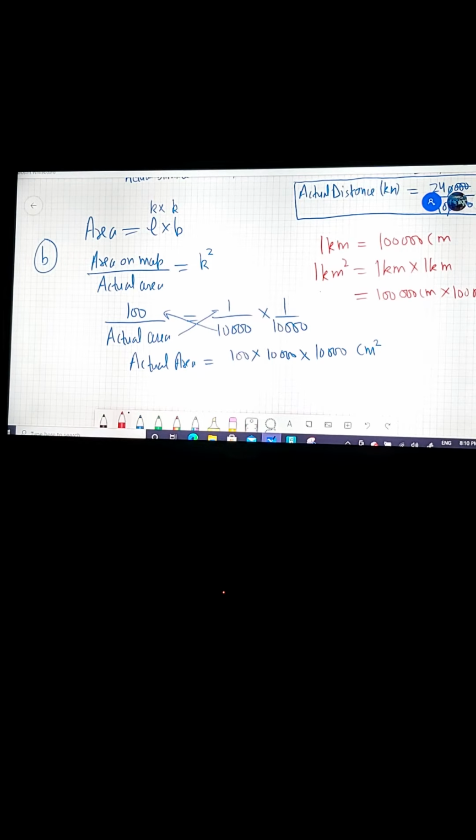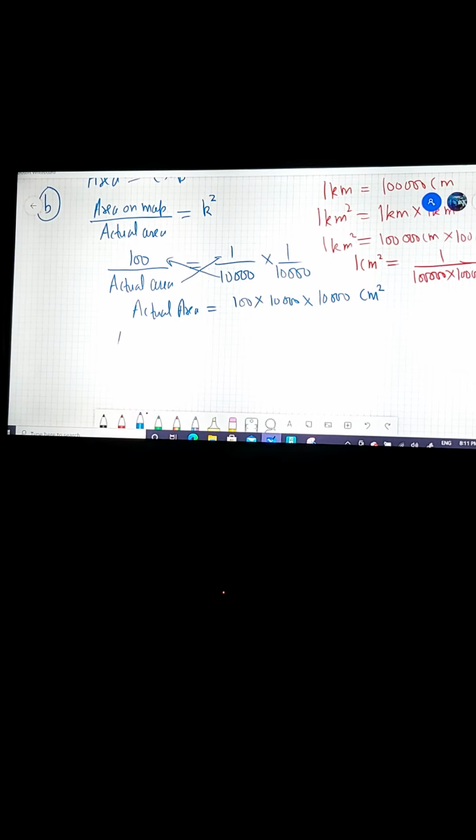So that is equal to 1 kilometer square. That means that if I want to convert centimeter square into kilometer square, which is what we are supposed to do in the question, it would be equal to 1 by 100,000 into 100,000 kilometers square. So let us now apply this.